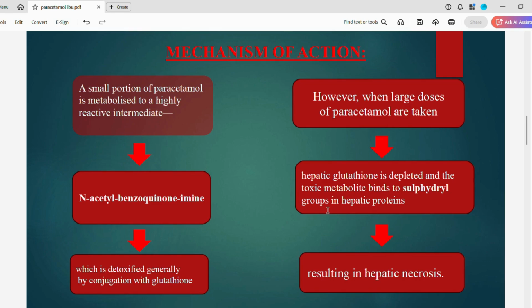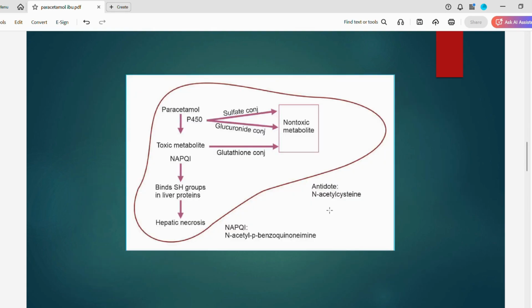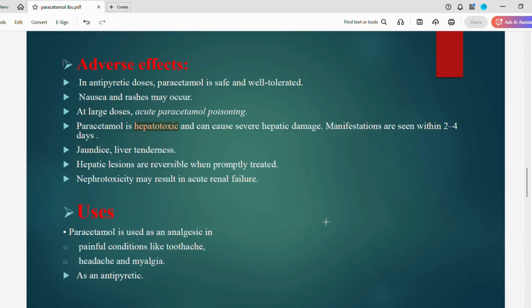It is also easier to understand like this. This is for your understanding, this is not compulsory to write in the exam. And adverse reaction and uses you have to include in 10 marks also, and also in 5 marks.